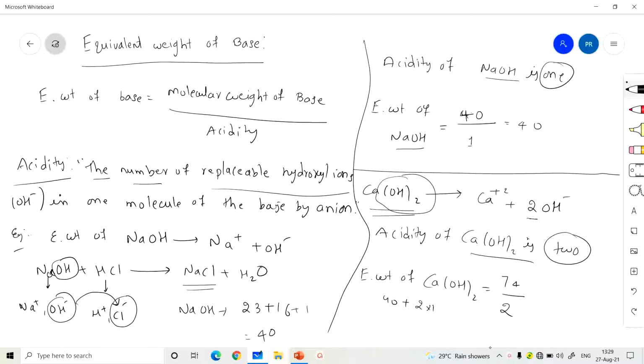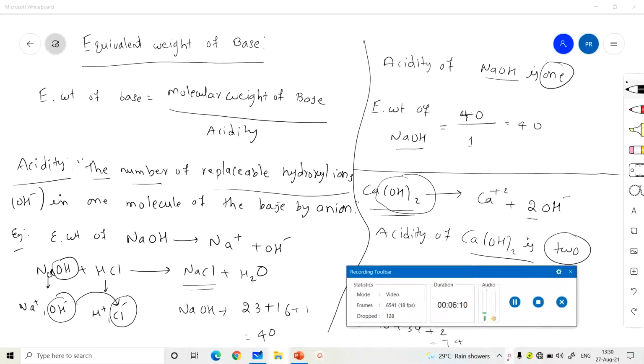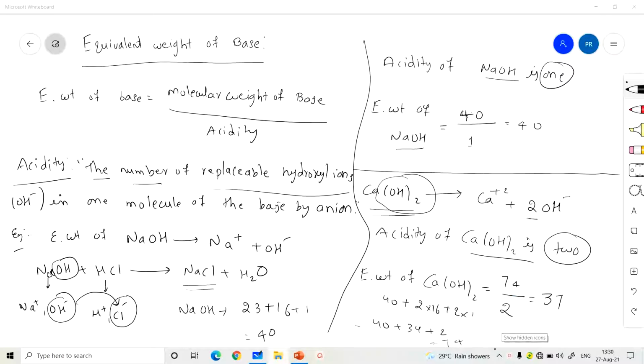Calcium 40, two oxygens, 2 into 16, two hydrogens, 2 into 1: 40 plus 32 plus 2 equals 74. Hence its equivalent weight is 37.